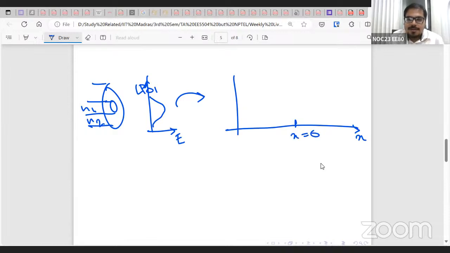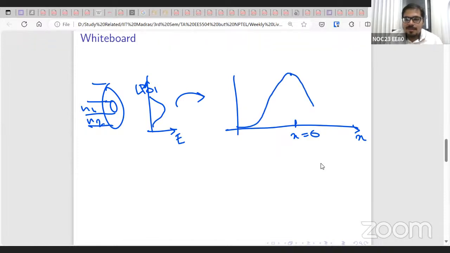So this electric field intensity will be maximum at the core, and it will follow a Bessel function, but you can approximate it using a Gaussian distribution. The Bessel function takes a complicated form, and the Gaussian will be e to the power minus x squared by 2 sigma squared, something like that.